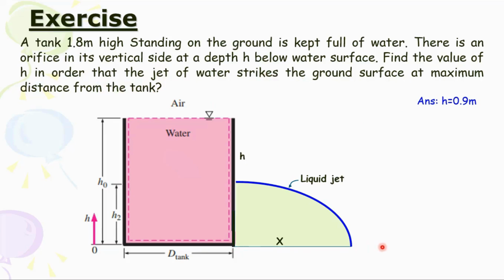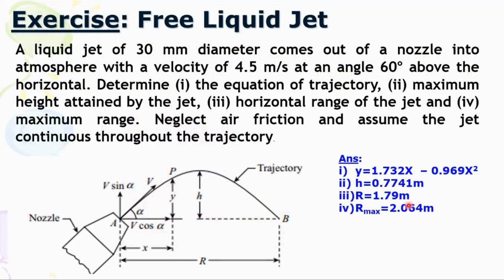Please apply calculus, maximization and differentiation. Then you can find h is 0.9 meter. Find the value of h so that you get the maximum horizontal distance. So please use calculus.